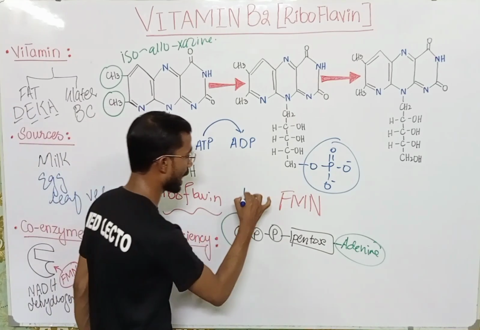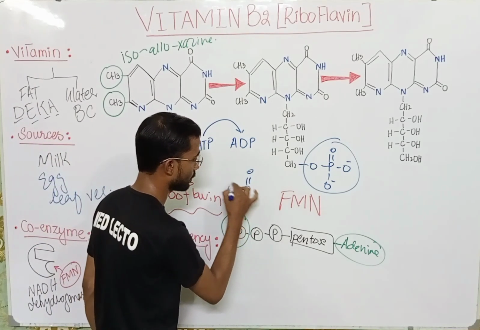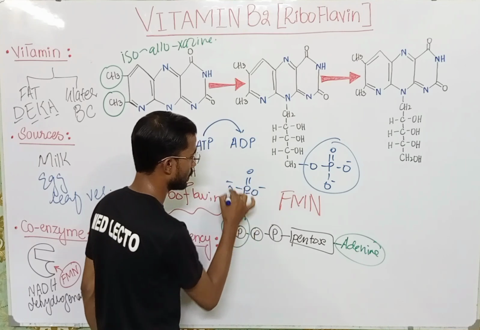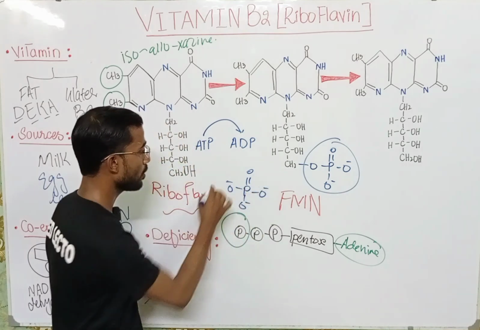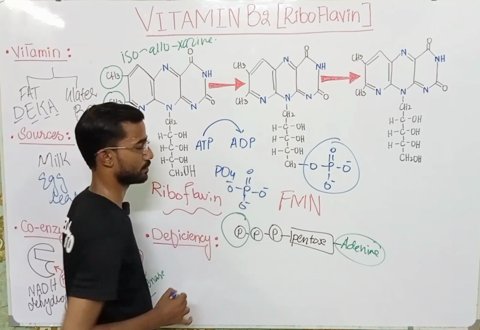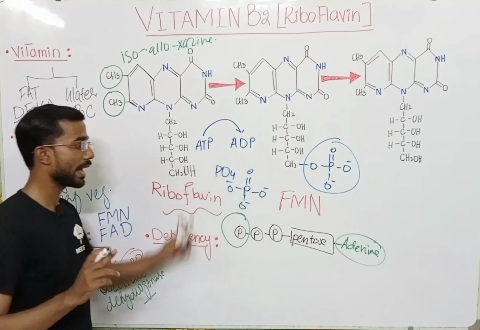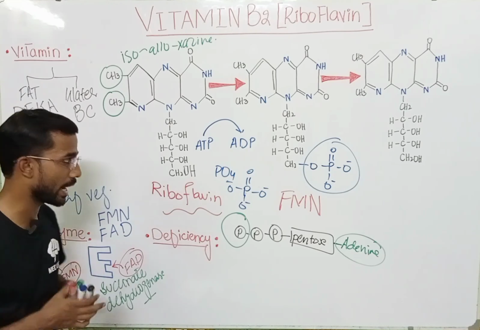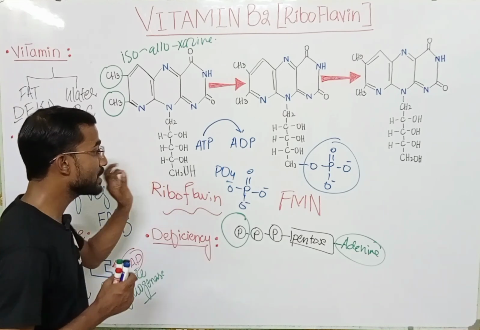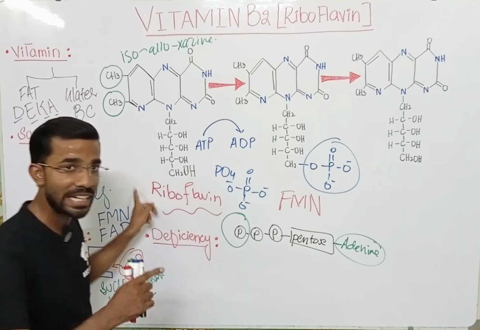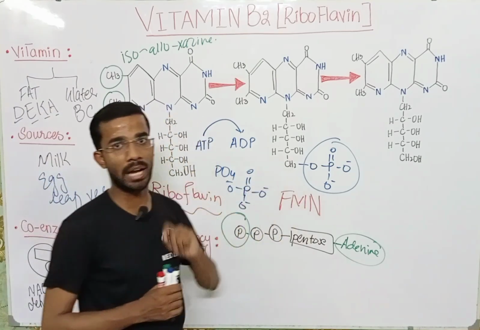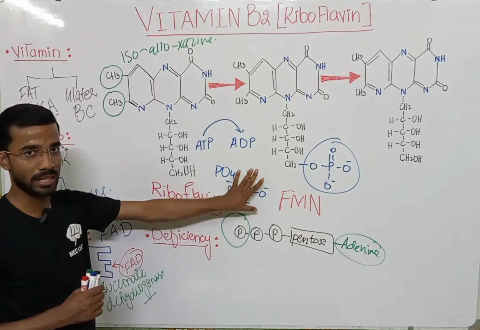Actually, phosphate has a structure like this. This is the structure of the phosphate if I write it here. So PO4, one phosphate and 4 oxygen atoms. So I just add one phosphate group to the riboflavin, then it will become flavin mononucleotide. So this is the first case.